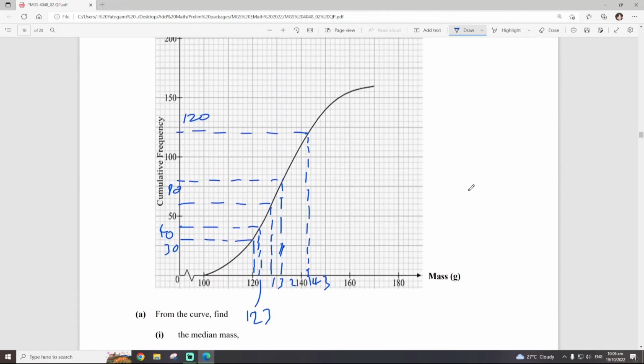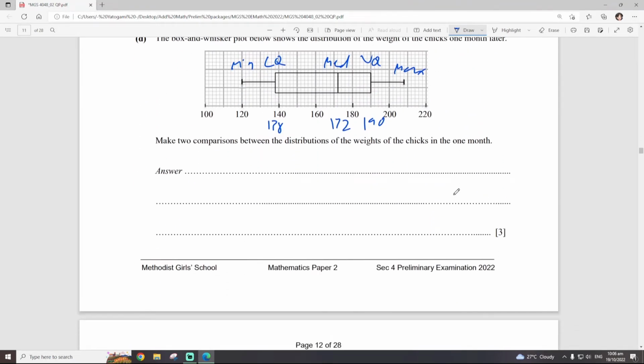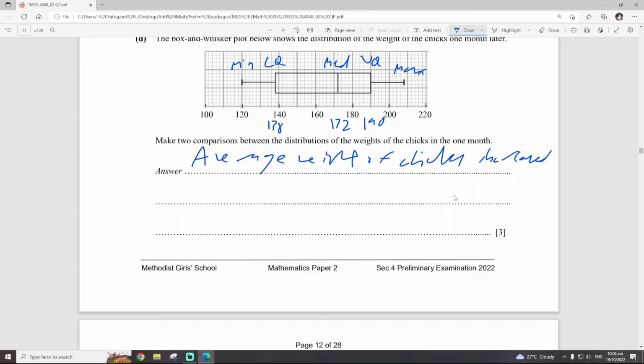So the median mass will increase. Average weight of chick increases because median increases from 132 grams to 172 grams.